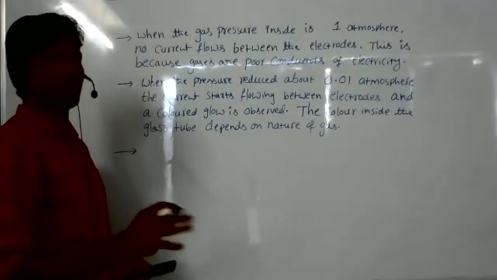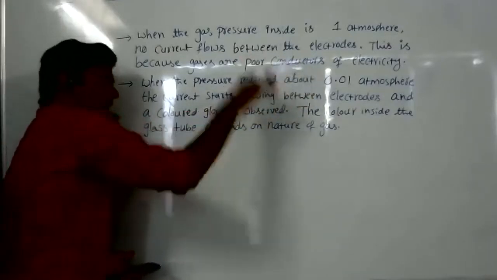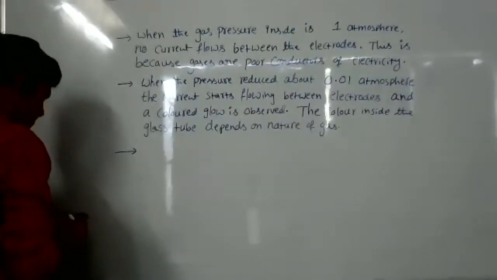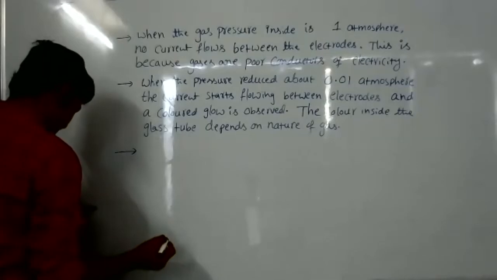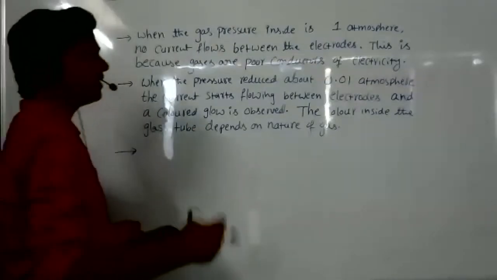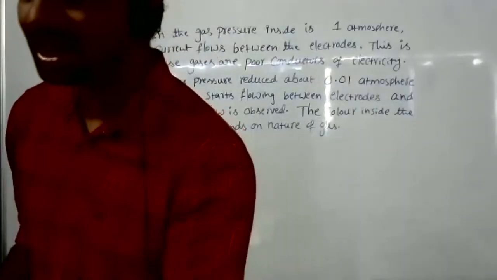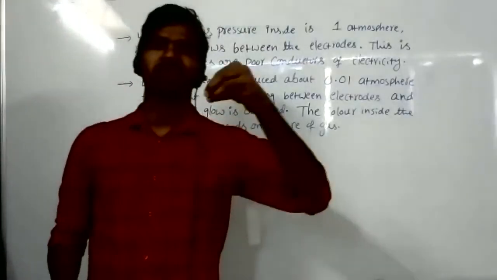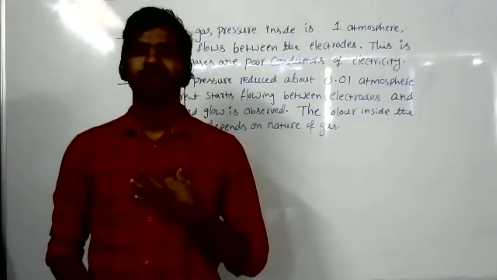Suppose pressure is further reduced, current starts flowing, but no glow is observed. Because the amount of gas is very, very less. Pressure of 0.00001 means the gas inside the glass tube is in very small quantity, so we can't observe the glow.